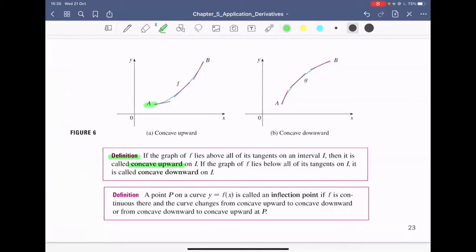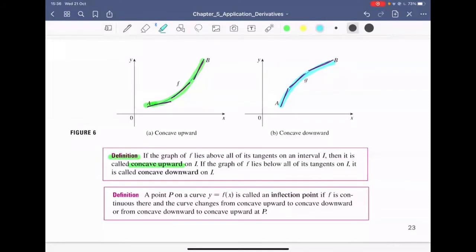You have a function f, and you can see that all the tangent lines are just below the curve. If you have a function that is increasing like that, the one that I highlight in light blue, but the tangent lines are all above the real curve, that means the function is called concave down.